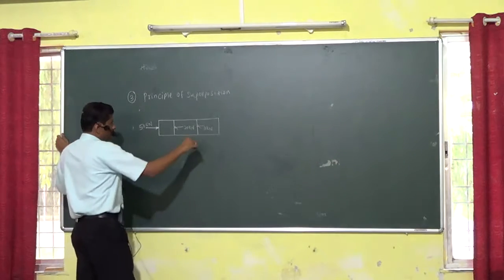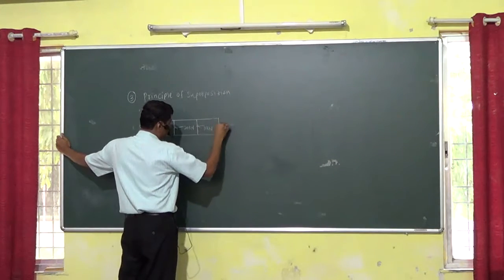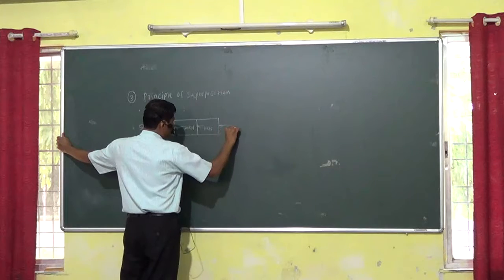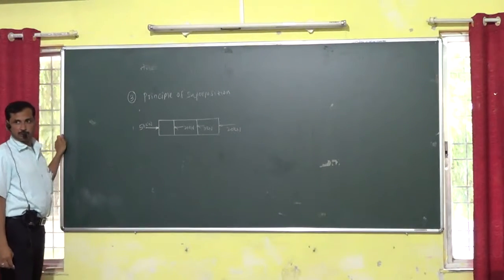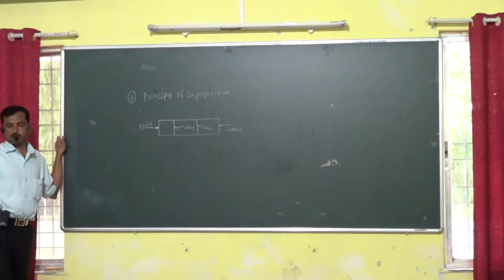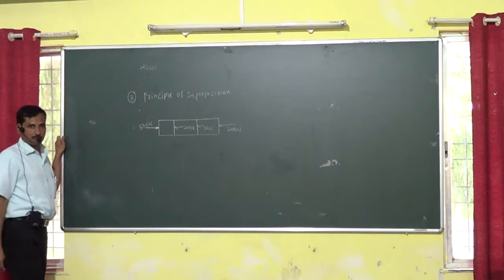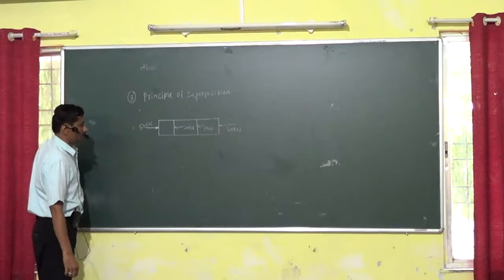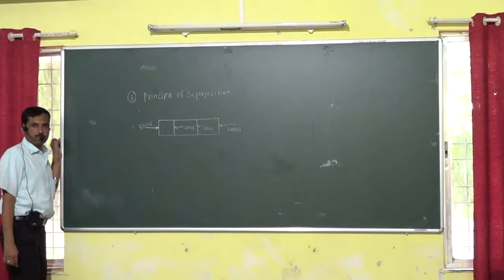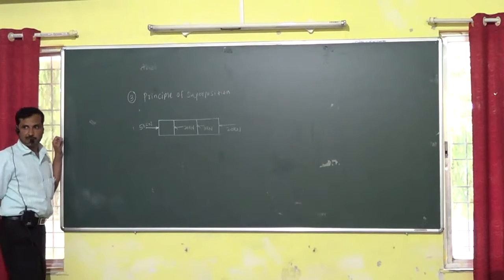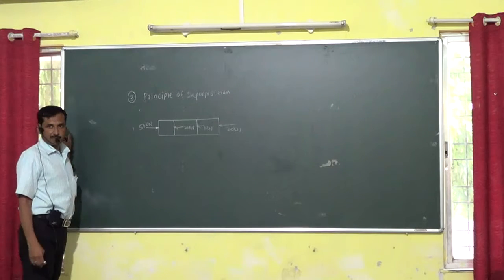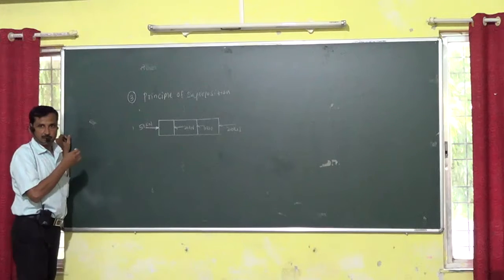Then at this point we will have to consider 20 kilonewton of force, because in the principle of superposition there is always one fixed criterion: whatever force is moving toward the right side is the same as the force moving toward the left side.